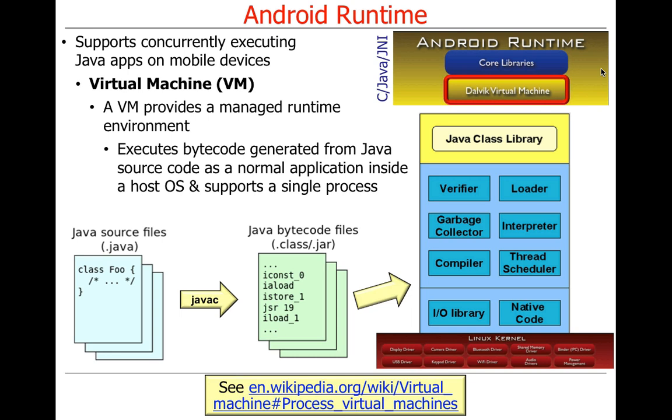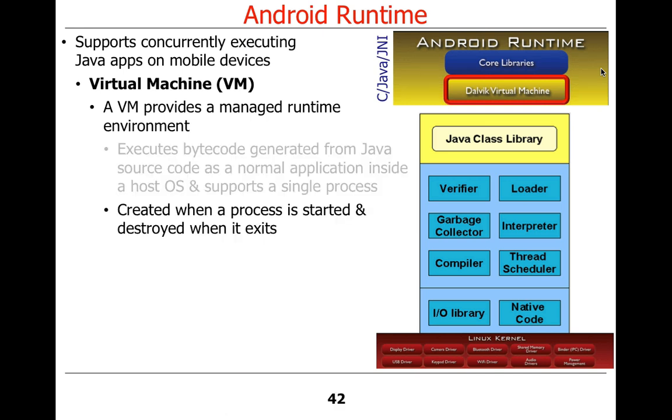And then that is loaded into the virtual machine where it's actually run. It basically runs inside a normal application running inside an operating system process. So basically the virtual machine is a layer of software that's running in the context of an operating system process. When the process is created, the virtual machine is created. And when the process goes away, the virtual machine goes away.